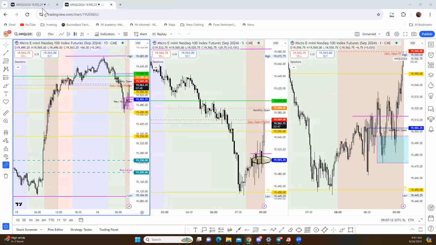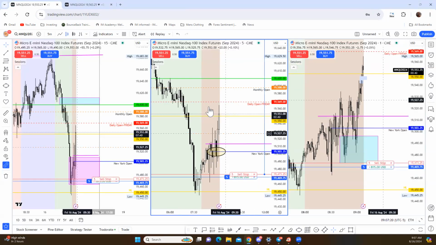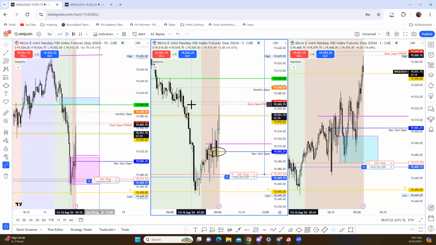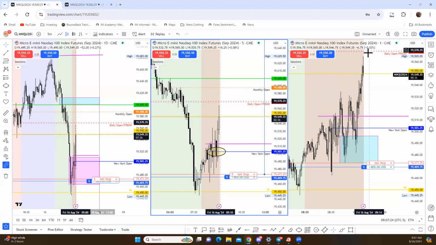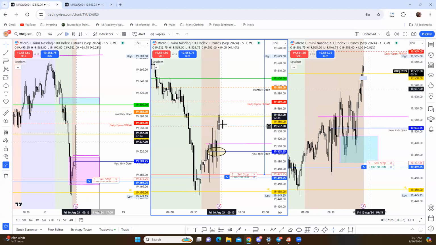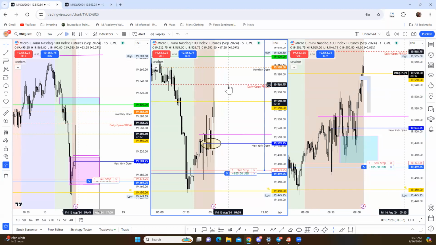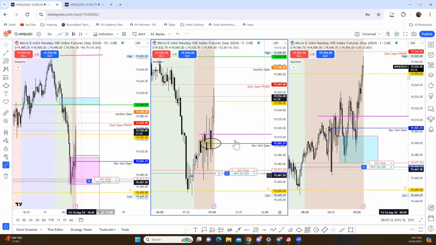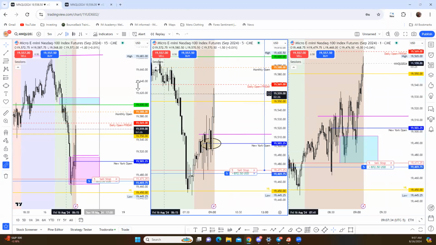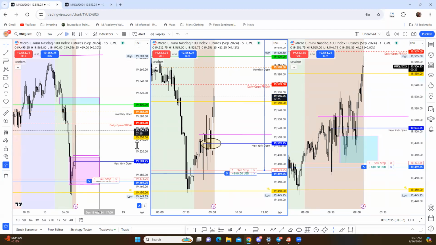So for me personally, I'd rather have that exit somewhere in this area, so like right above here. Damn, they kind of tapped it. I want it to be at daily open or above, as it's actually capitulating up into it, right? The 19.568s, I got in at 69s. So let me go ahead and just move my take profit from up here.